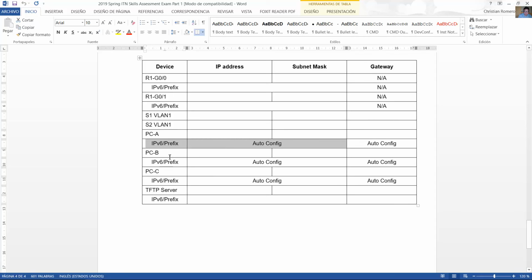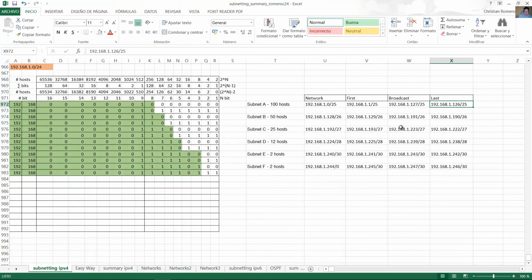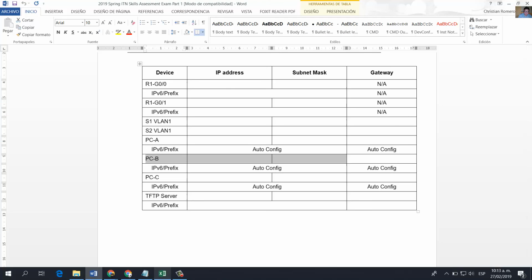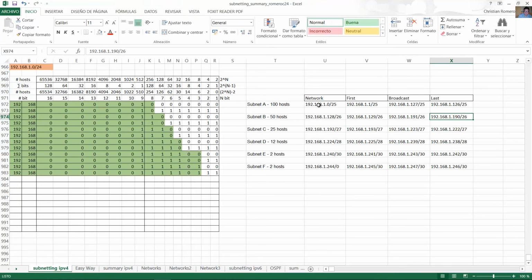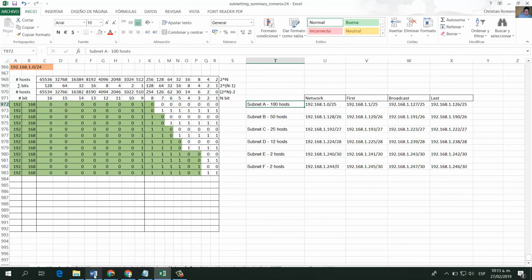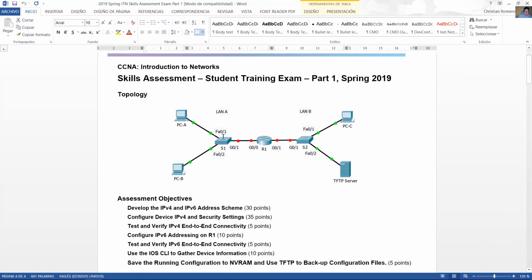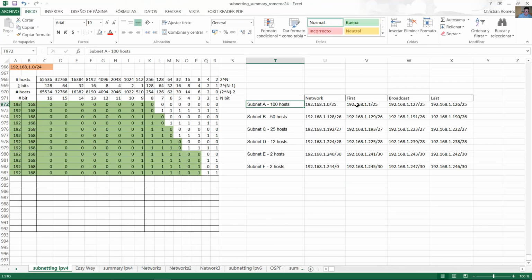IPv6 use autoconfig, and PCB can use any IP address in subnet A, because PCB is placed on subnet A, can use any in the range between 2 and 126.